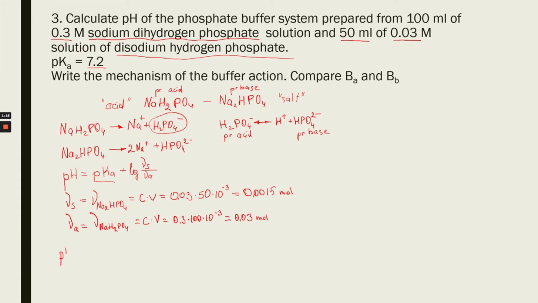Now we will write again pH equals pKa, 7.2, plus decimal logarithm of 0.0015 divided by 0.03.